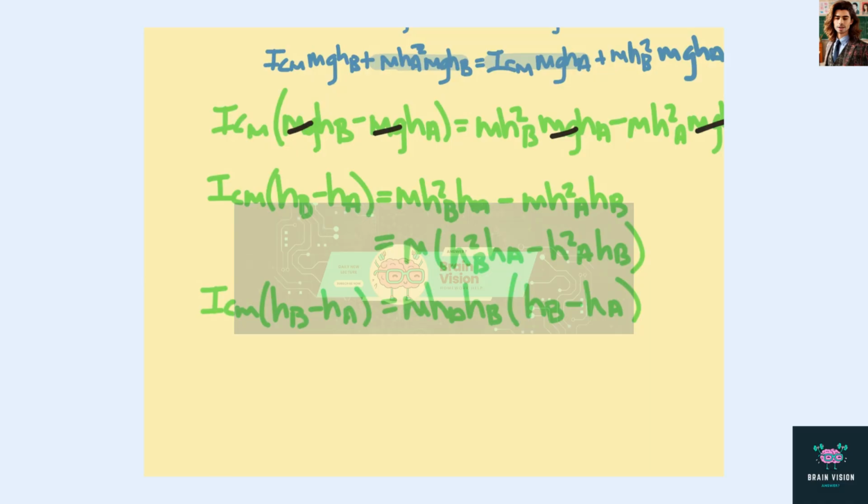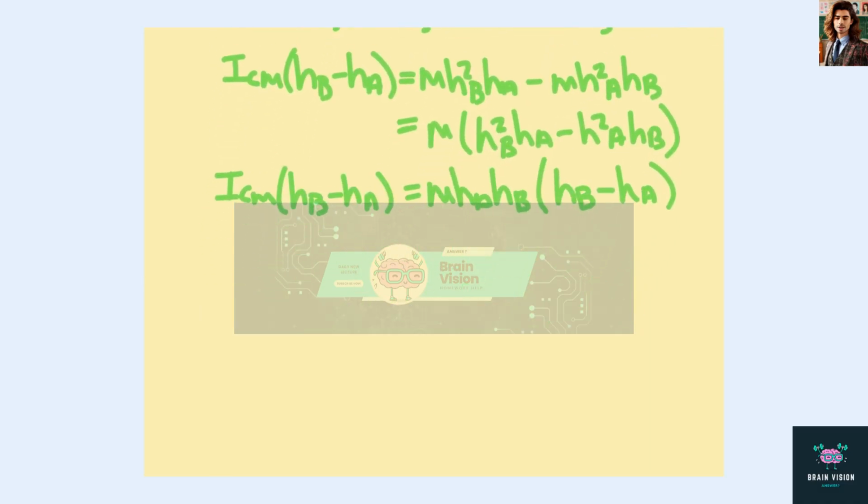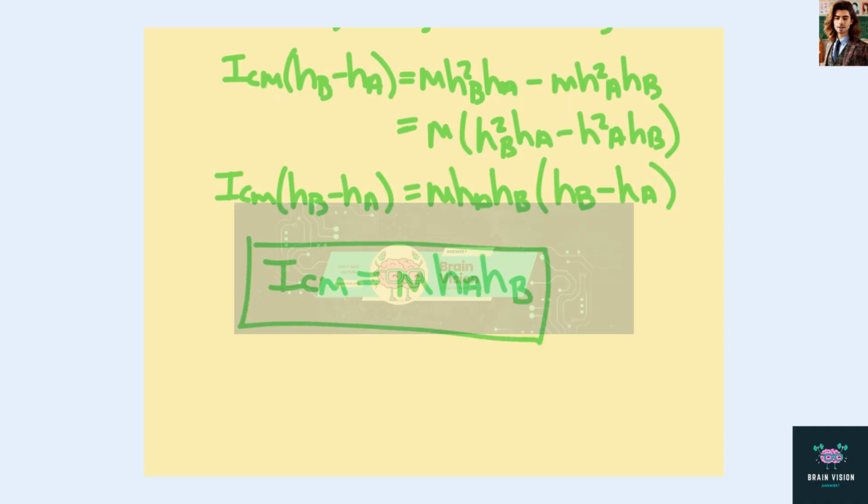If we divide both sides by (HB minus HA), we get a final simplified term of the inertia equals mass times HA HB.